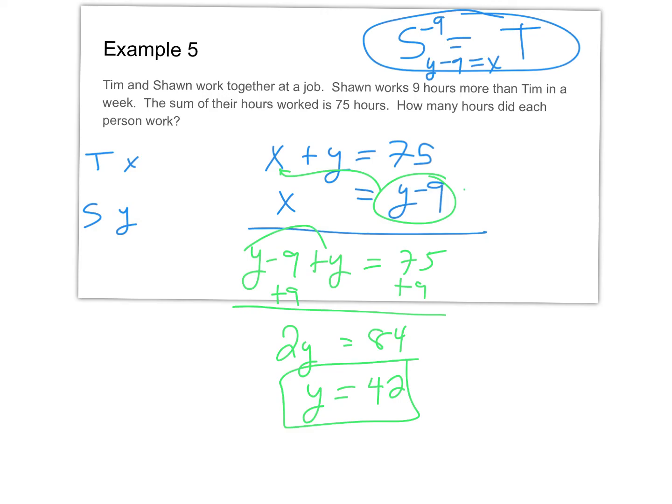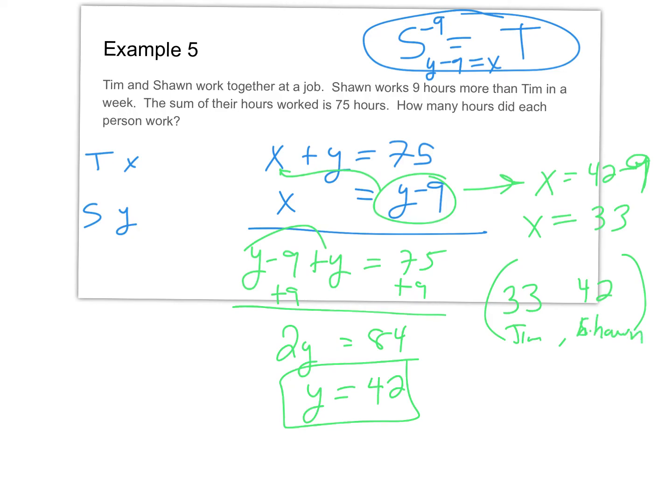All right, so now let's go get x. x is equal to 42 minus 9. So x equals 33. So my final answer: we had 33 hours for Tim, and 42 hours for Sean. All right, next one.